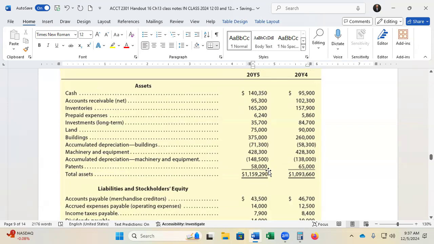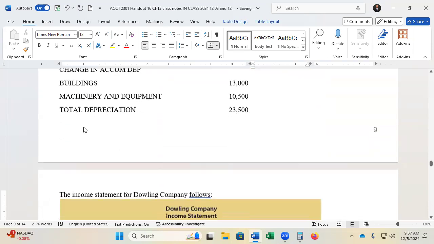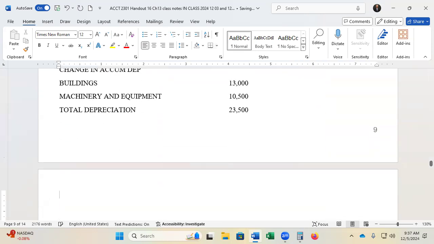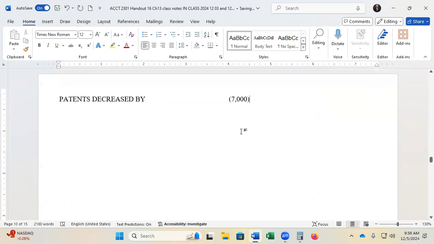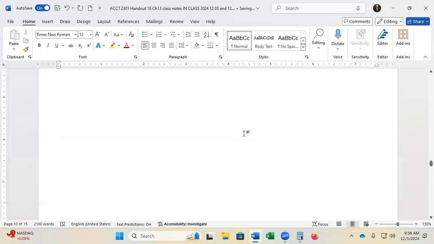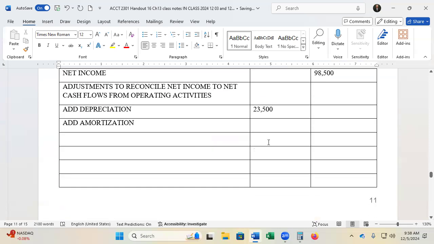And so we see here patents decreased by 7,000. So here in our statement, we're going to add 7,000.